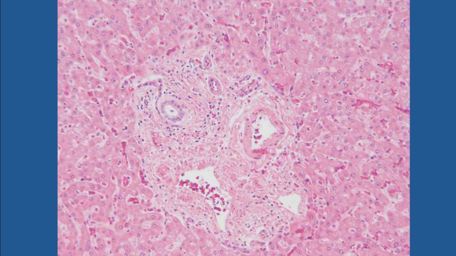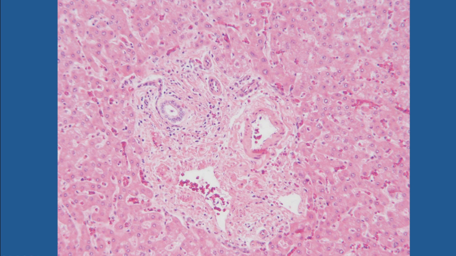Now, I just told you that the bile duct and the hepatic artery are very similar in size. And what we see here is a hepatic arteriole that is much larger than the bile duct, and it also looks very dilated. Now, this is a case of extrahepatic portal vein thrombosis.